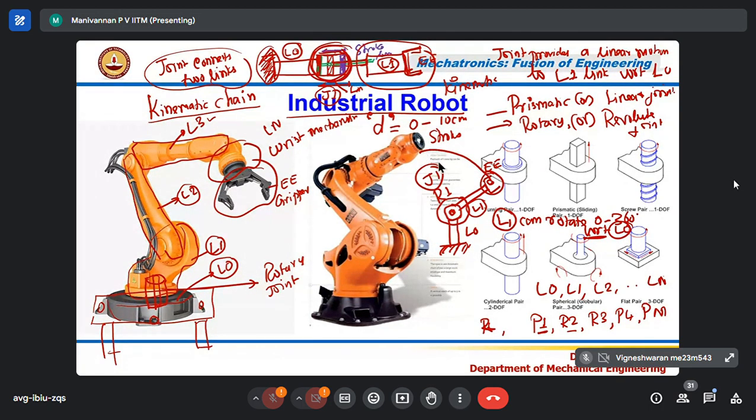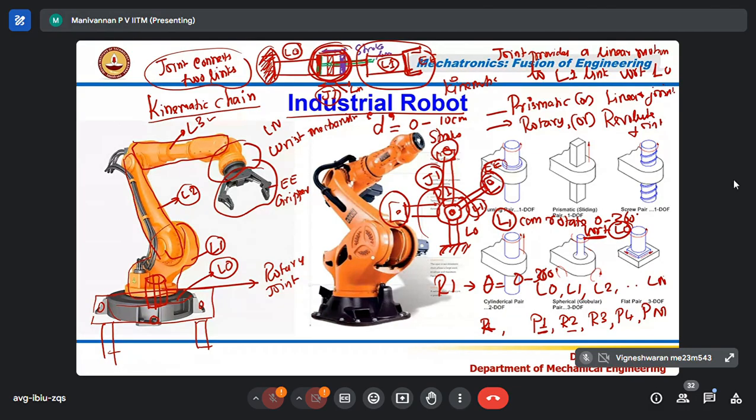Once the joint rotates, L1 also rotates, and automatically L1 takes a different position. It can take any position because the motion is continuous. So by moving R1, a rotary joint, the joint variable theta varies from 0 to 360.